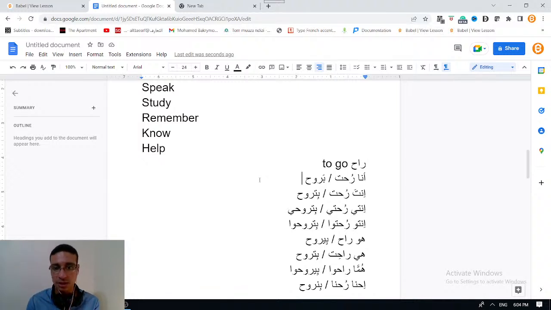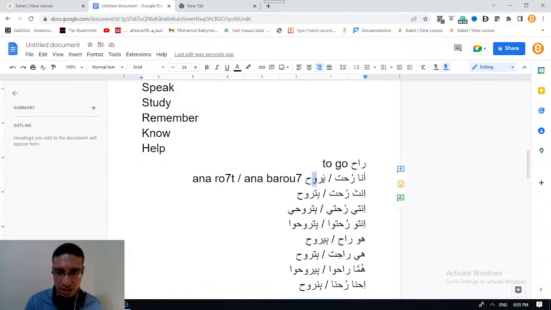So for example, أنا رحت, I went, pronounced like this. And in the present tense أنا بروح. I went and then I go. Here in the present tense the alif becomes waw, becomes u. بروح.